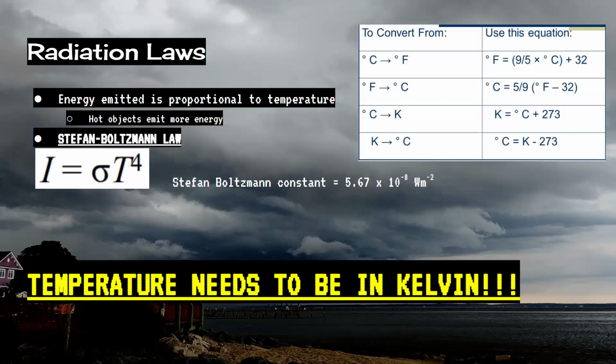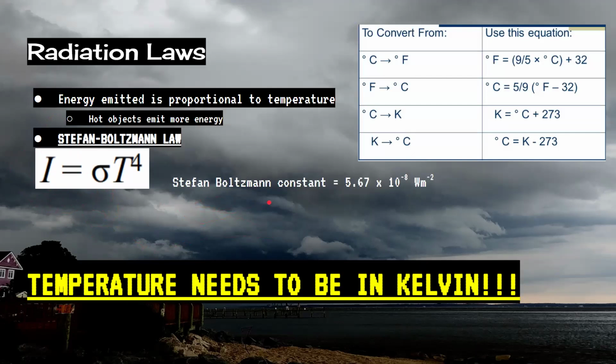All right, let's talk about some radiation laws. Energy in this Stefan Boltzmann law is proportional to temperature. So what do we see here? We have I, which is energy, is equal to that symbol right there. This Greek letter is what we call the Stefan Boltzmann constant.